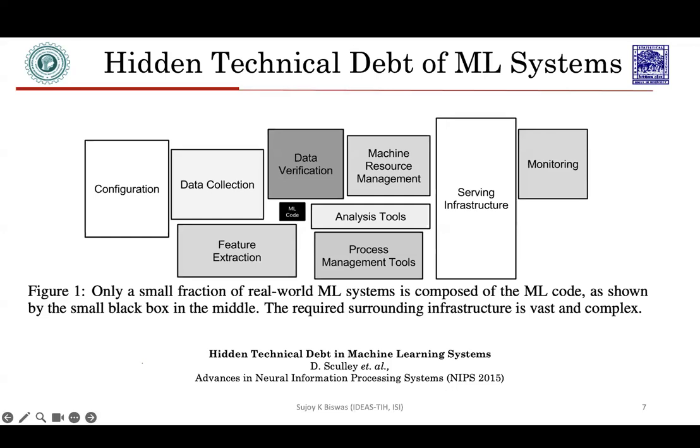What are the other parts of the ML system? This is the data collection, data verification, server infrastructure, then feature extraction, process management tools. So this is the system view of the entire thing. You have written the ML code, you train the ML model, but ultimately you are going to solve a business problem.